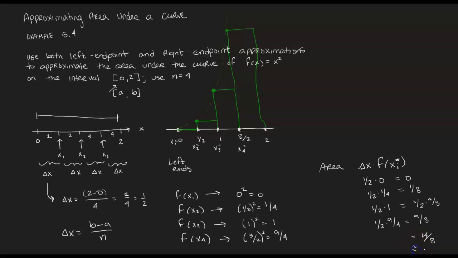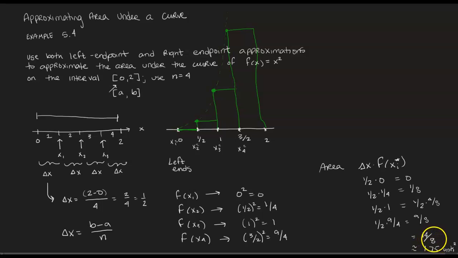And the decimal approximation of that is about 1.75 squared units. We don't know what these units are, if we're talking about feet or inches or yards or meters. So we could just say 1.75 units squared if we wanted to. So that's our left approximation.